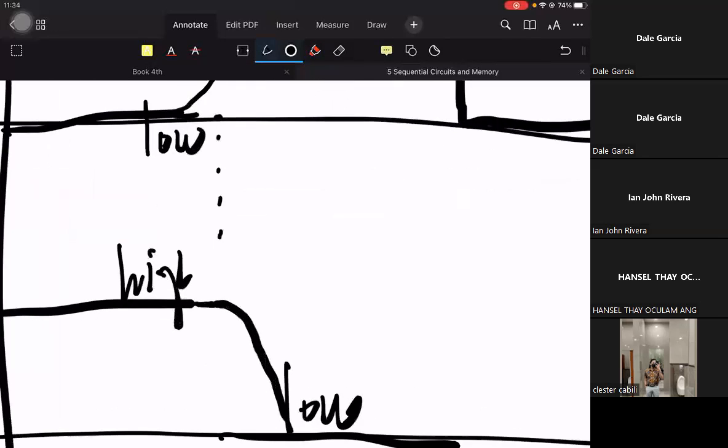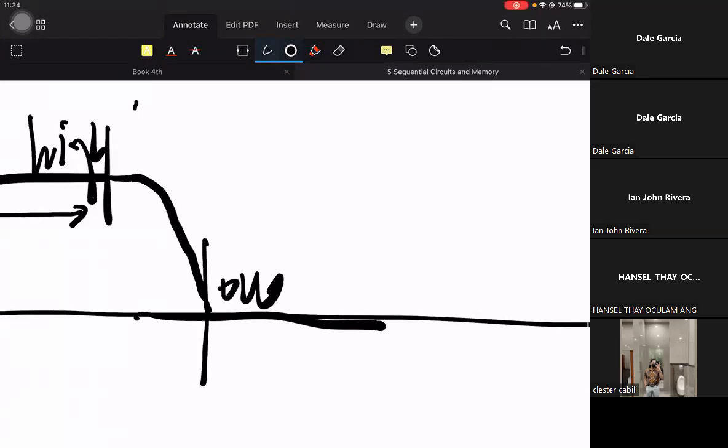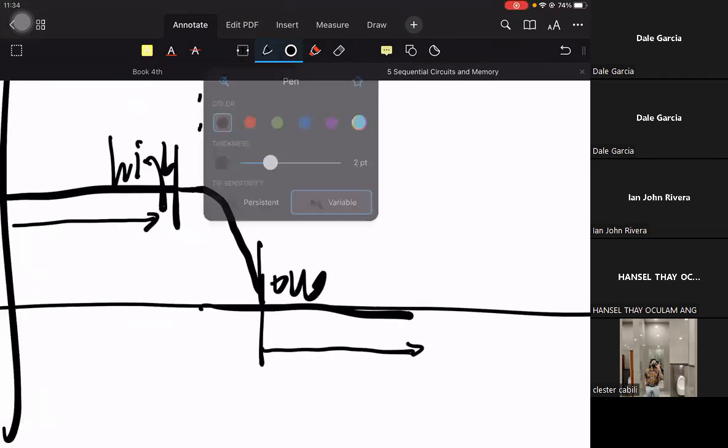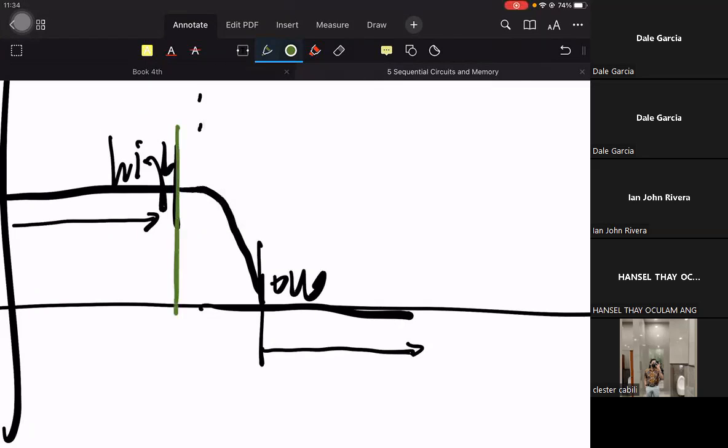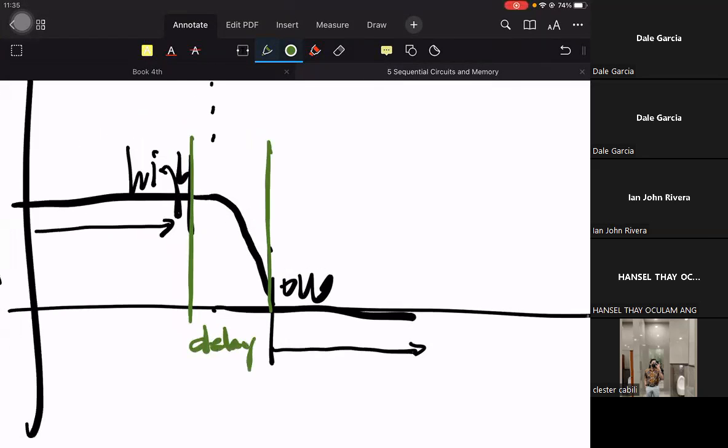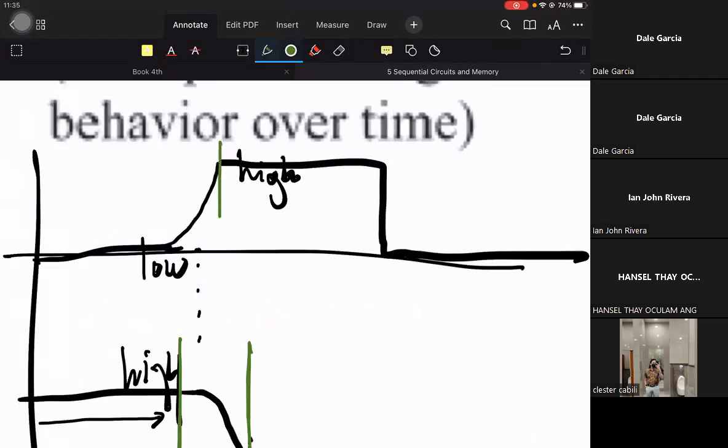So this is the totally high output, and from this point onwards it is purely 0. This special region here is not totally 1 or totally 0. This is what we call delay. So this is the delay portion, because even the input side has delay.